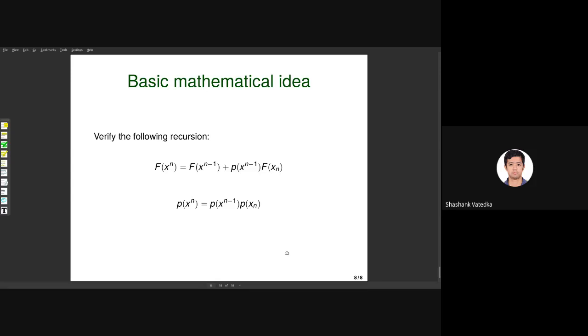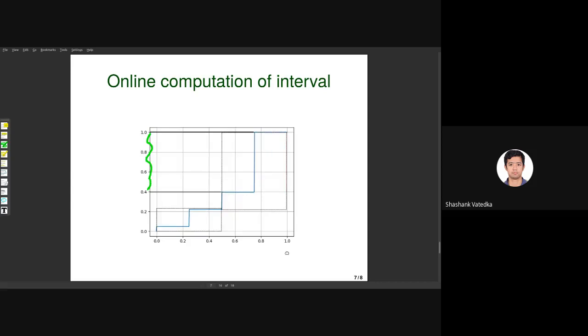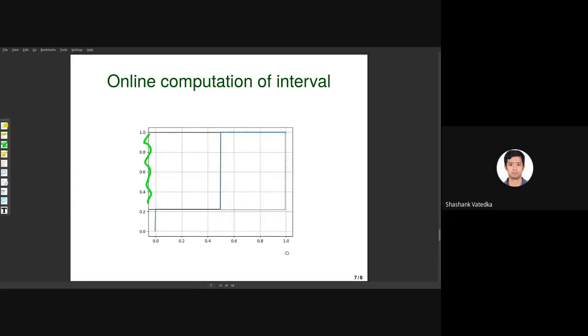But before we move on, at a very high level, any questions regarding the basic idea behind this? Yes.